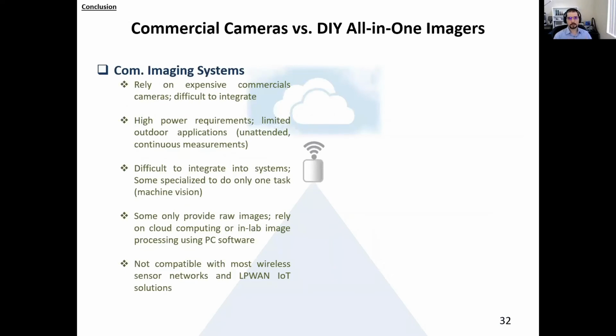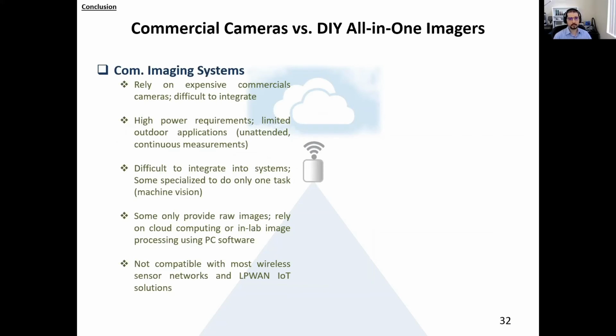So let's do a final comparison between commercial cameras and the DIY all-in-one imagers that I described so far. Commercial imaging systems rely on expensive commercial cameras, and because of that, they're difficult to integrate.